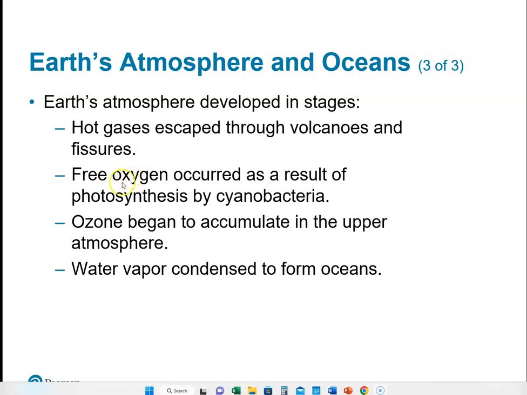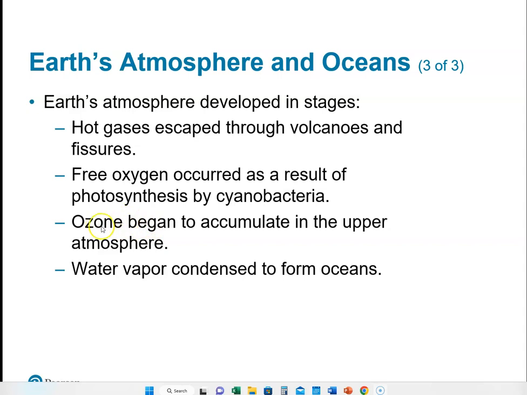All right. As those O2 molecules accumulated higher in the atmosphere, they undergo a chemical reaction and become O3 molecules. And the O3 molecules high up in the atmosphere, they are up in the stratosphere. Well, they're actually between the stratosphere and the mesosphere.